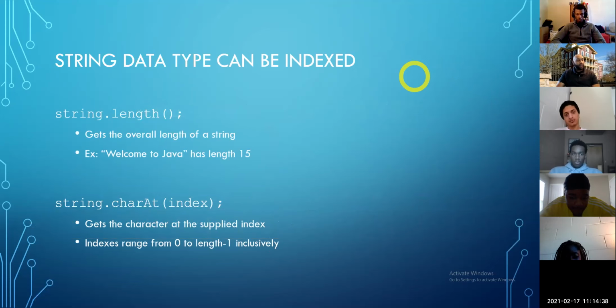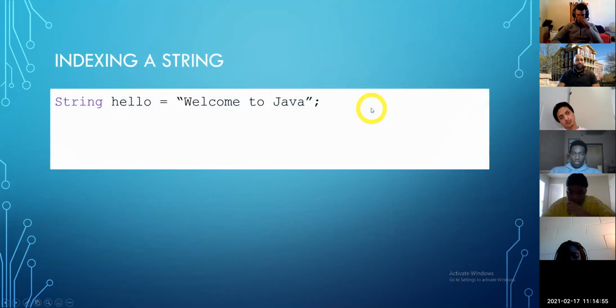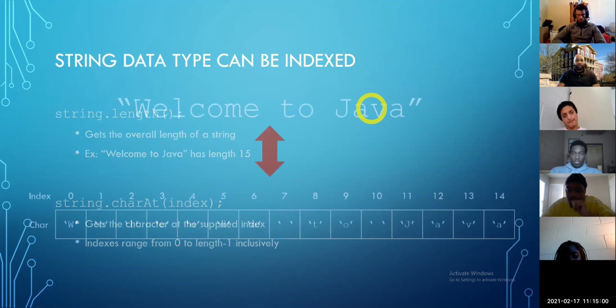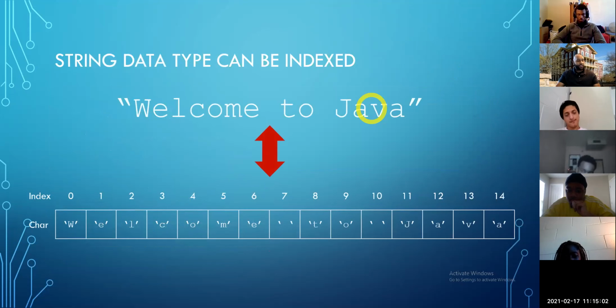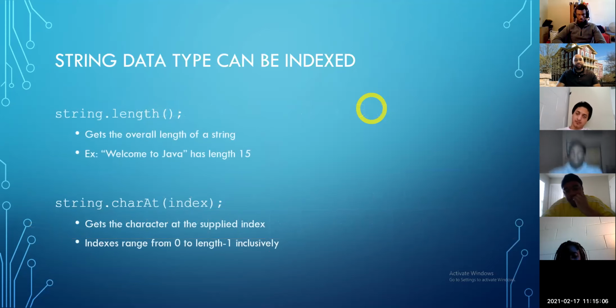So how do we get the overall length? Well, we say string.length, right? How do we get an individual character? We do string.charAt, whatever index we're trying to get. So for example, let's say we have "welcome to Java." Remember, it is size 15. Indices go from 0 to 14.